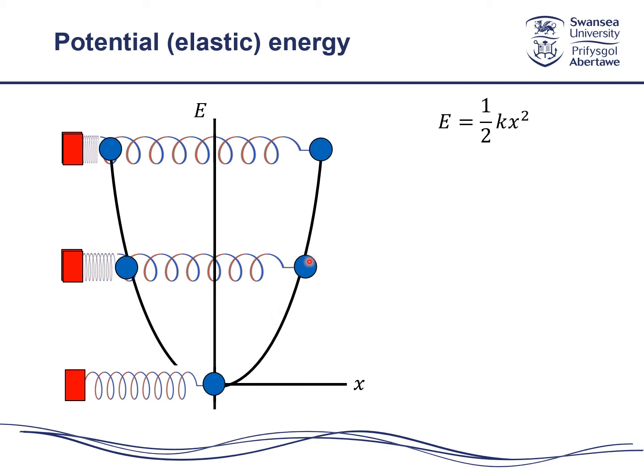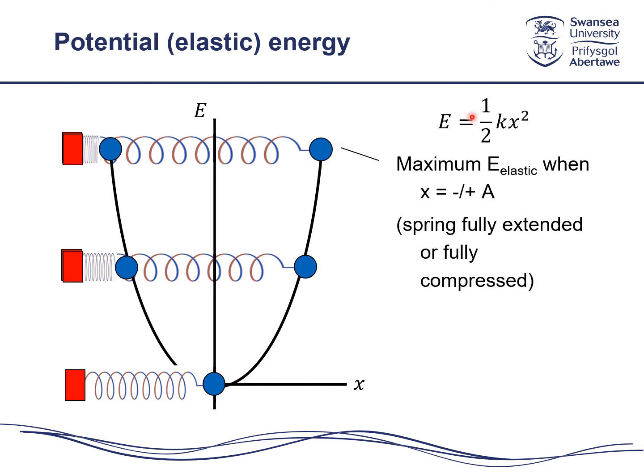However, when it's extended out, this energy then increases, or similarly when it's compressed, this energy also increases up to the point of maximum compression or maximum extension. So you can see the maximum elastic energy is at plus or minus A, and we can also see that elastic energy is equal to 0 at the equilibrium position.